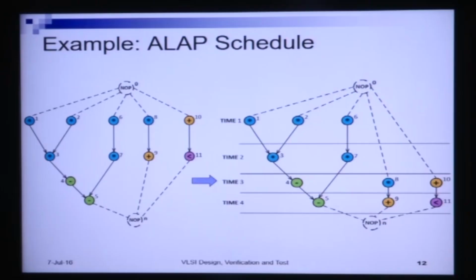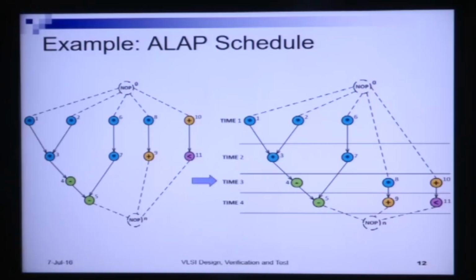On the left hand side, again the unscheduled operation constraints graph has been shown, and on the right side we obtain the ALAP schedule. As we said, the ASAP schedule starts from the source towards the sink, while the ALAP schedule progresses from the sink towards the source. So the start of the NOP operation is at time step 5. All operations on which NOP depends can be scheduled in the previous time step, time step 4.